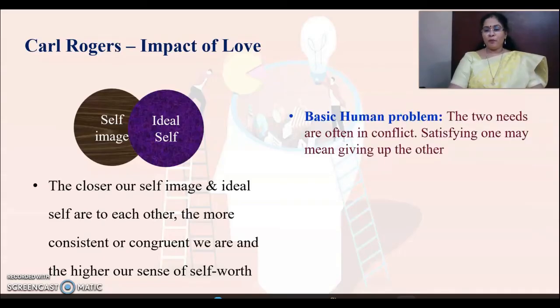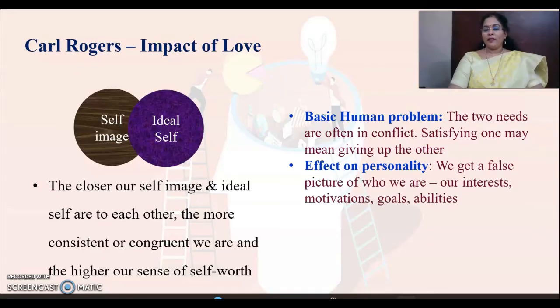And the basic human problem we come across is that most of the time we end up in some conflict. There will be a fight between the mind and the heart most of the time. So, satisfying one may mean giving up the other, and it will reflect on the personality of a person. We get a false picture of who we are and our interest, motivation, goals, abilities, everything.